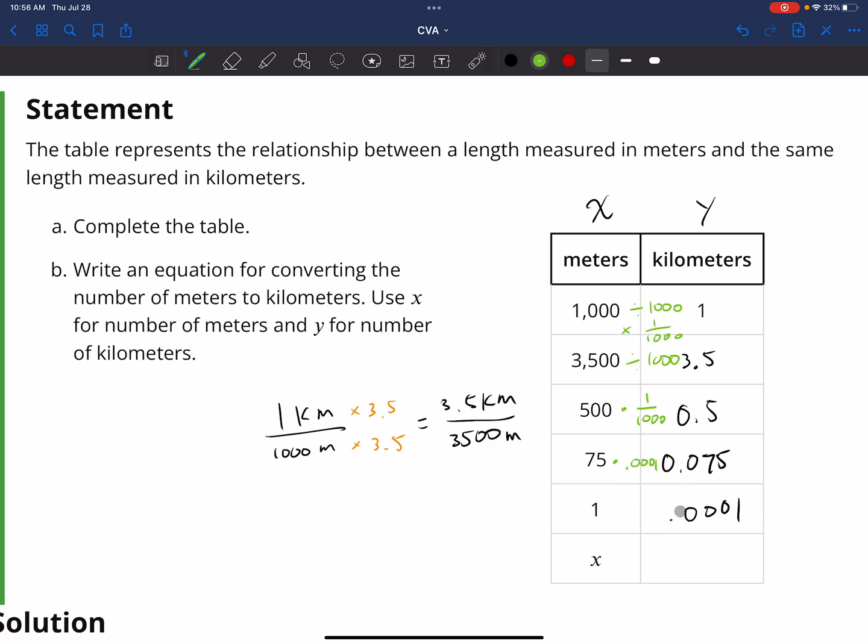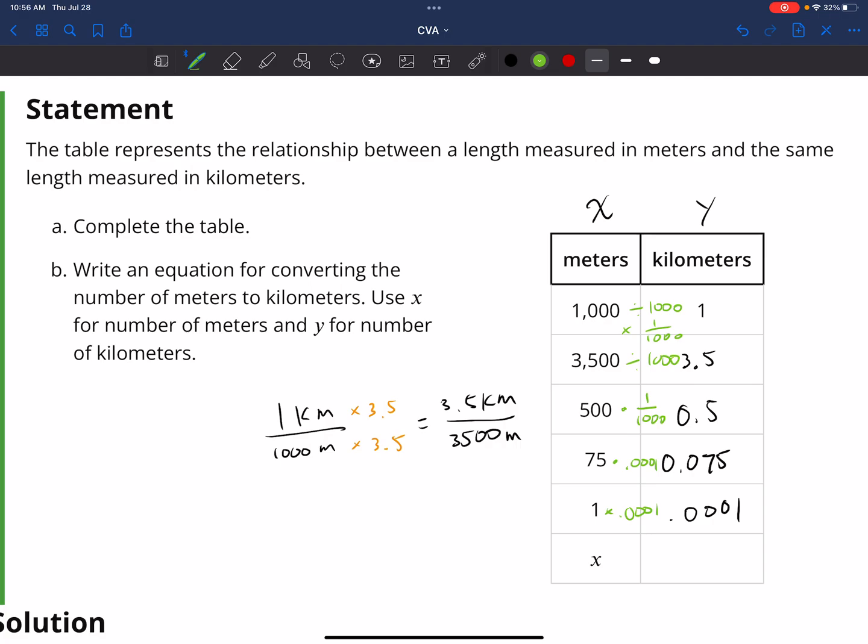So here's my answer, right? Multiplying by 0.001, which is going to be y is equal to, remember this is x, right? So x times 1 over 1000, or 0.001, or divided by 1000 is equal to this y. So I'm going to write this.